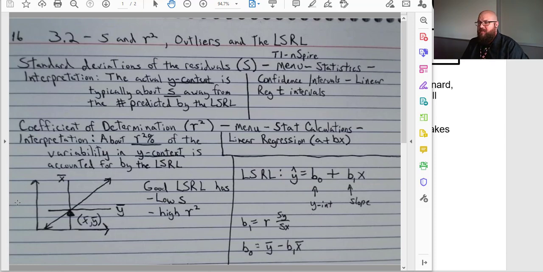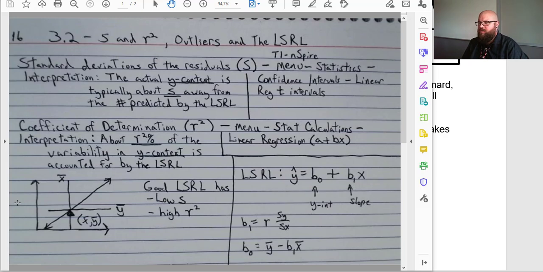The last thing we'll look at today is the least squares regression line and the equation. So you have y hat equals b sub 0 plus b sub 1 times x. Your b sub 0 is your y-intercept, and your b sub 1 is your slope.